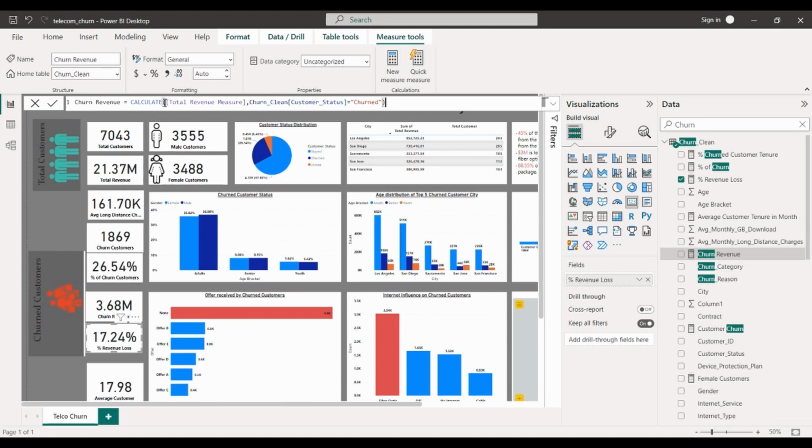What does the CALCULATE function do? It receives two arguments. The first one is a table, sorry, a column, not a table, and the second argument is its filter. Basically, if we want total revenue, I build a total revenue measure.